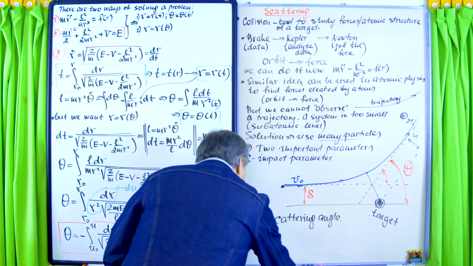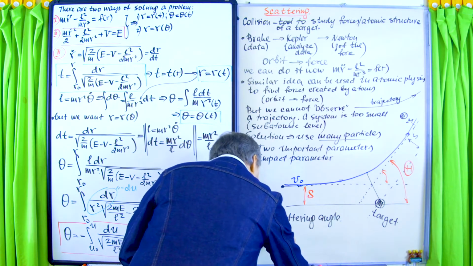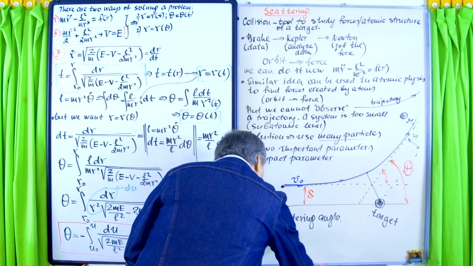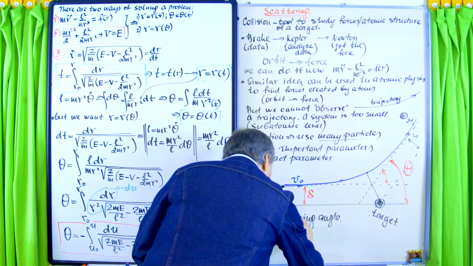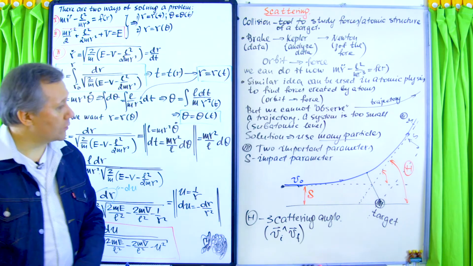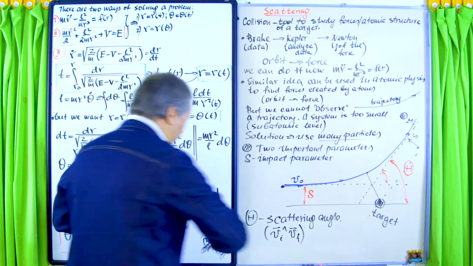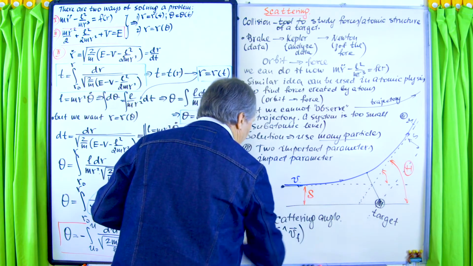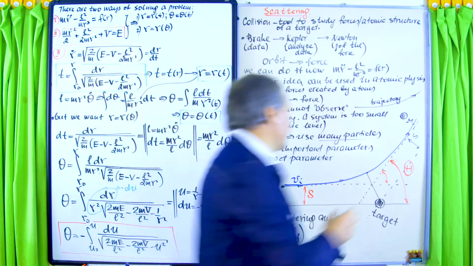I can also write, it's the angle between v initial and the direction of the final velocity, right? So here I actually used v naught, okay, I can change from 0 to sub i, not a big deal, right? And there will be v final, right?